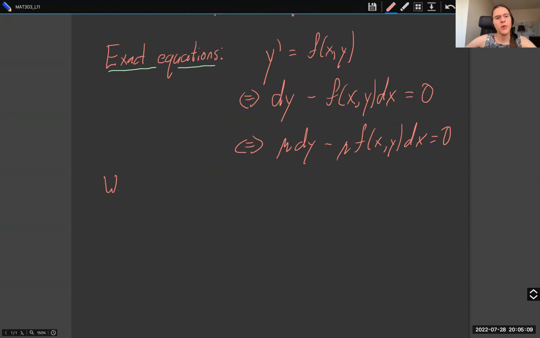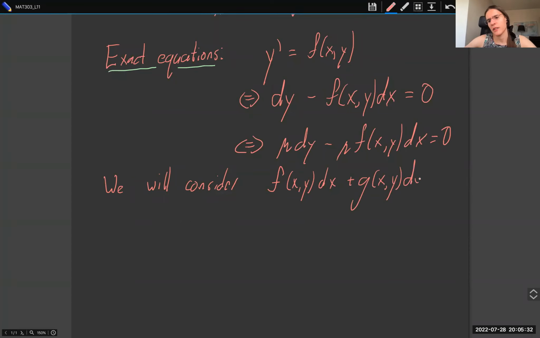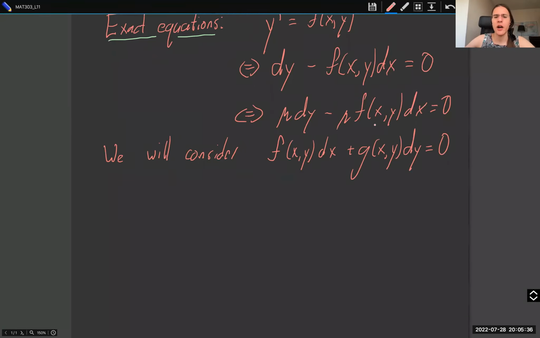So we will consider equations of the form f of xy dx plus g of xy dy is equal to 0. However, we'll actually not use f and g.